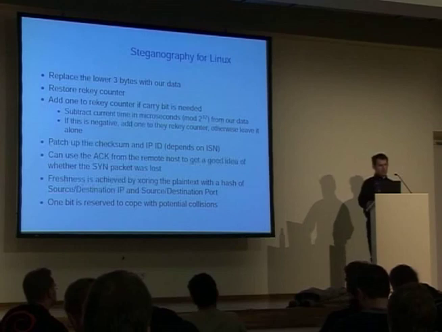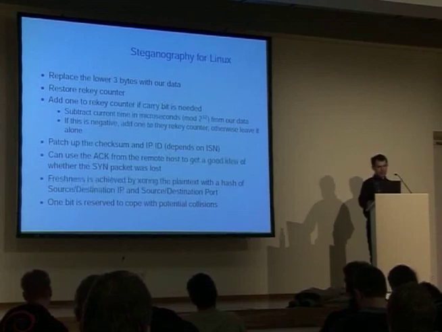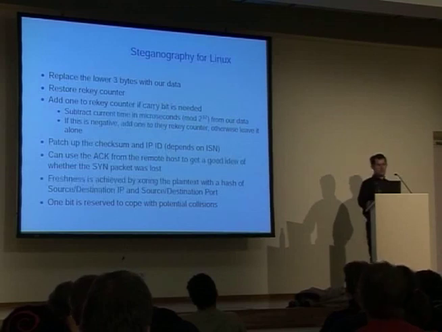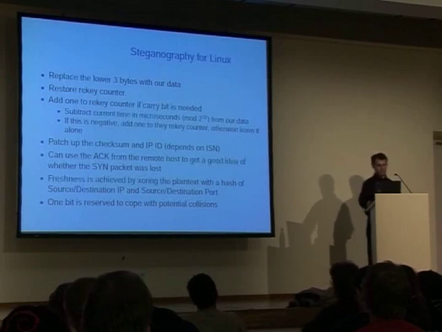Then you also have to correct the checksum, and also the IP ID. I mentioned that this is a counter. In the case of TCP, the initial value comes from the TCP initial sequence number. There's no reason for this, but it's as good as anything else.